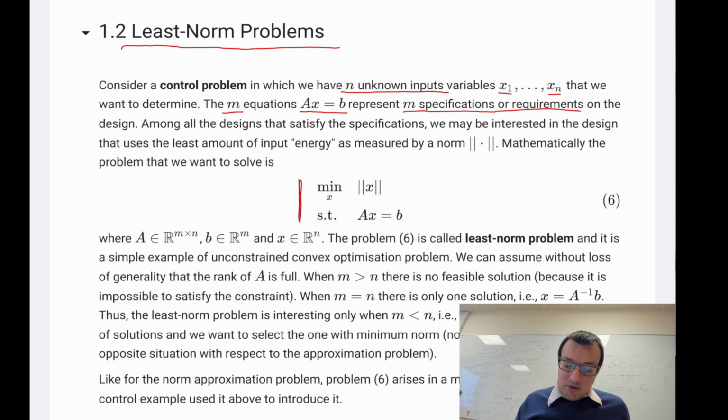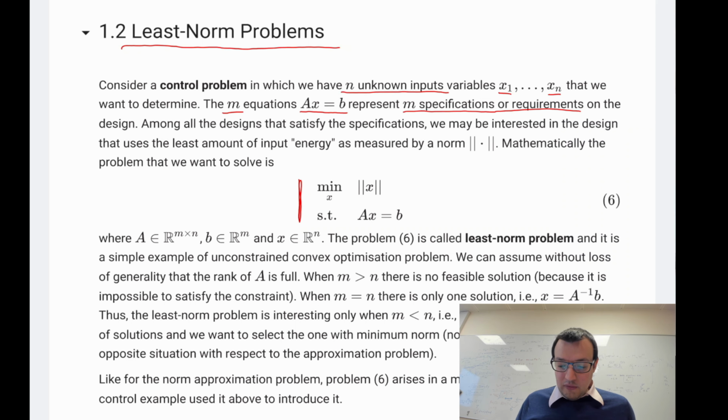If m is equal to n, so if we have exactly the same amount of variables and constraints, then we know that there is a unique solution, and the problem wouldn't make sense because we don't have multiple solutions from which we can pick the least norm one. We just have to go with the only one that we have, and we know that the solution in that case will be A inverse times b.